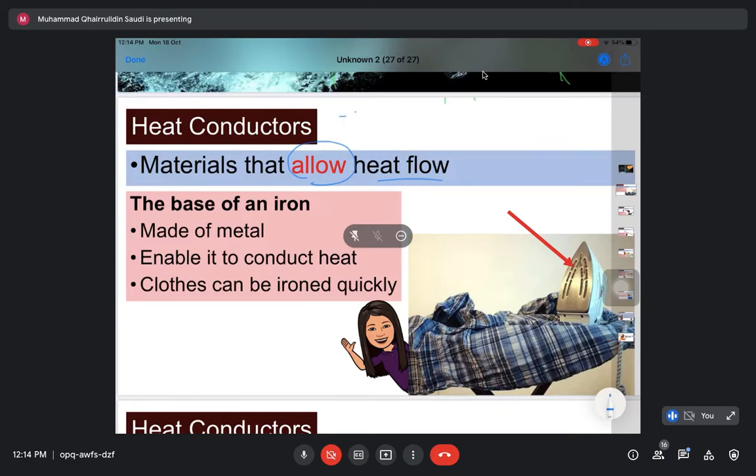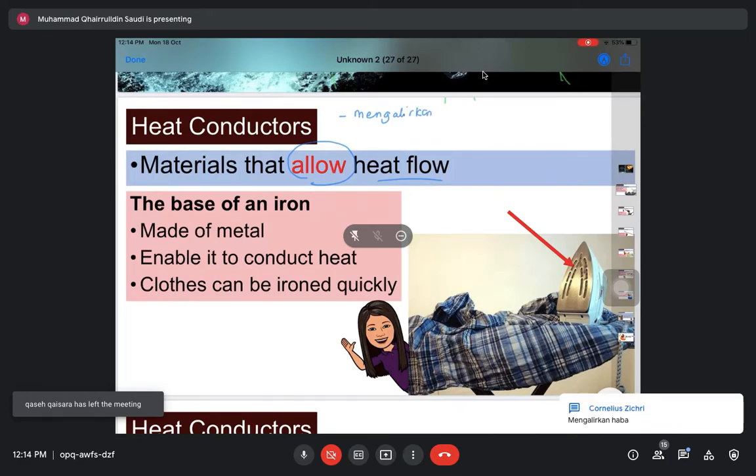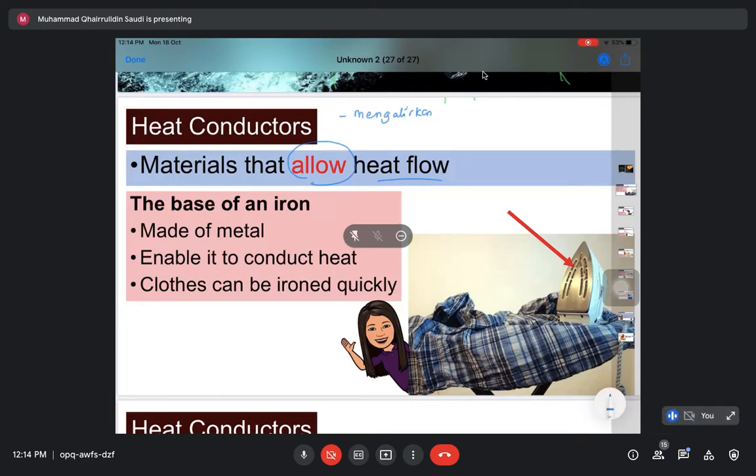Okay, mengalirkan haba. Good. Hari ni kita nak tengok yang boleh mengalirkan haba. Sebab tu kita namakan heat conductors di hadapan tu. So materials that allow heat to flow through them. Maksudnya dia boleh mengalirkan haba. Dia membenarkan haba melalui dia untuk pergi ke tempat lain.